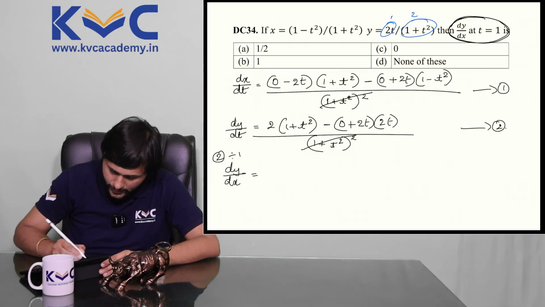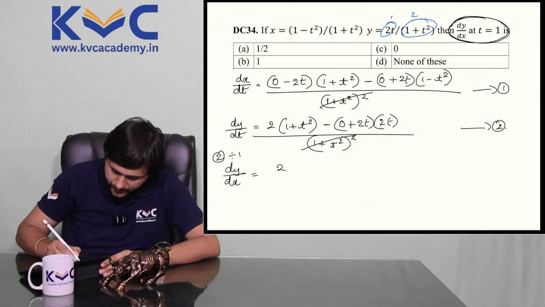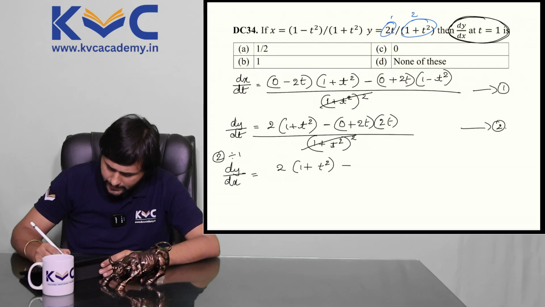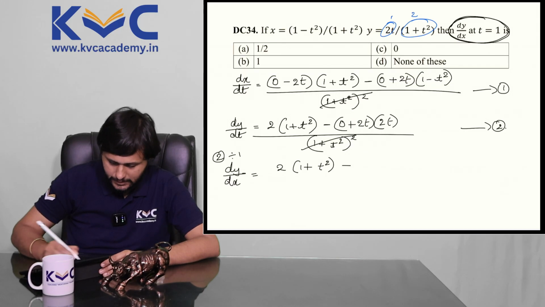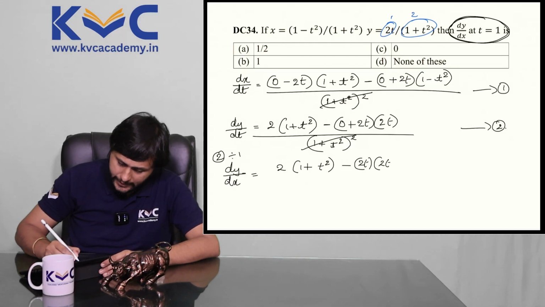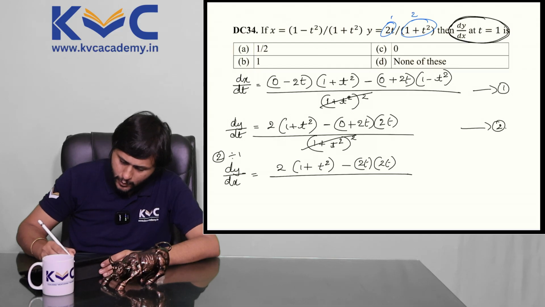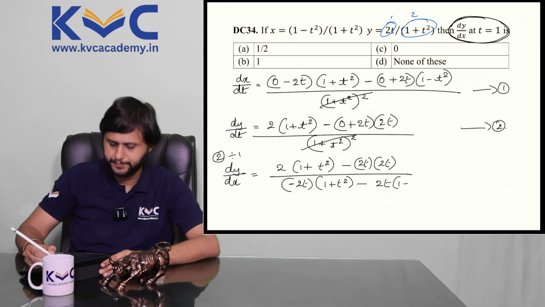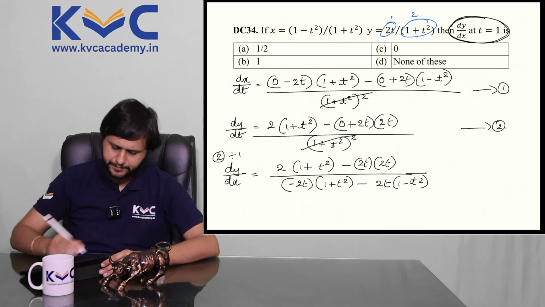So equal to 2 into 1 plus t square minus 2t into 2t, all divided by the numerator of dx by dt: minus 2t into 1 plus t square minus 2t into 1 minus t square. This is dy by dx.